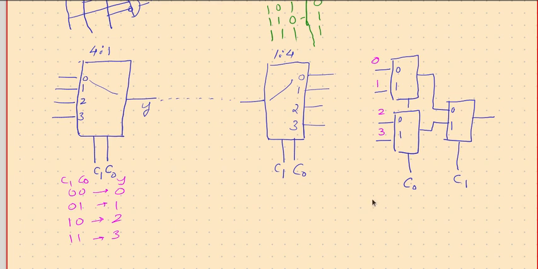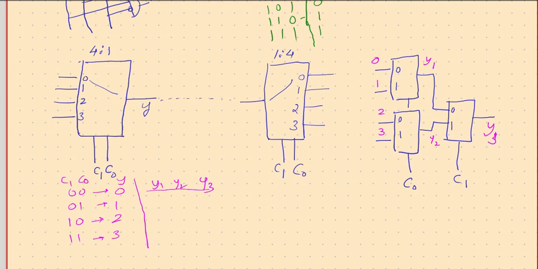So let's check out here. Let me call it Y1. This is Y1, Y2, and let me call this Y3. So for these combinations, what is Y1, what is Y2, what is Y3?